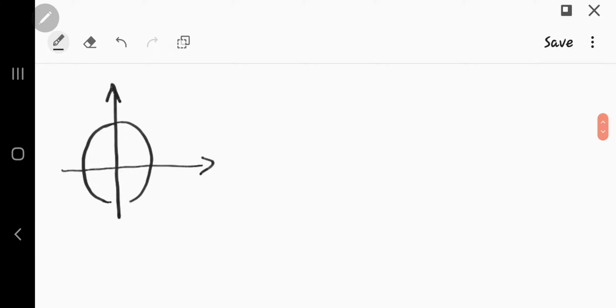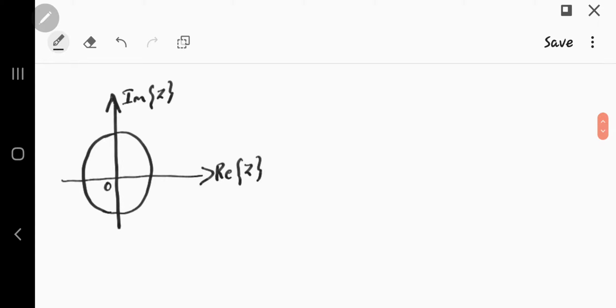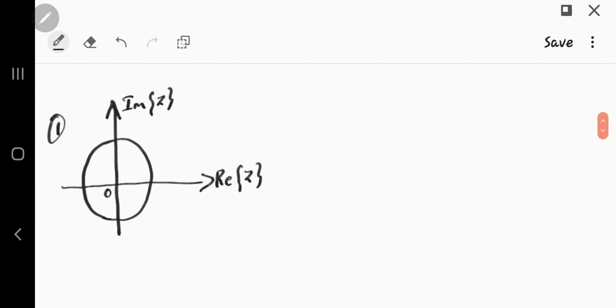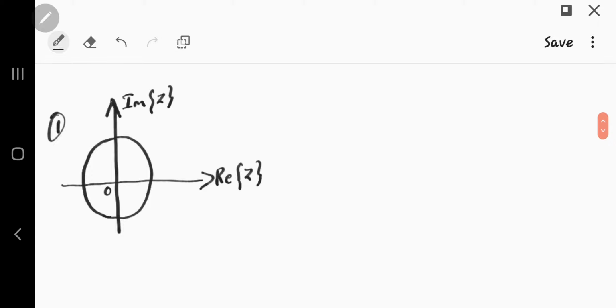That means, if I explain it graphically, this is the z plane and it will have a circle of a radius r, from here to here it is r, but this value depends on the signal x of n.